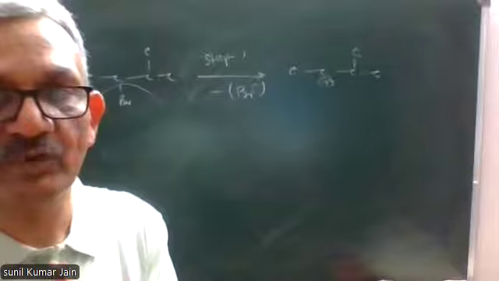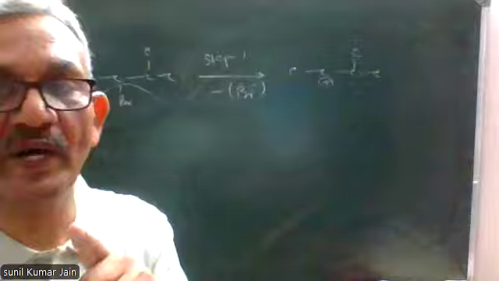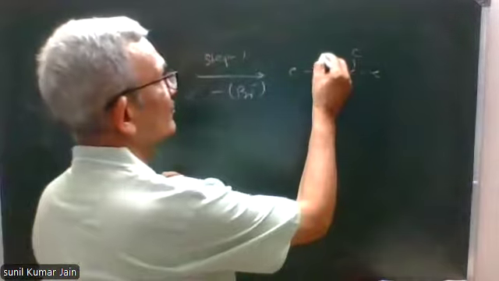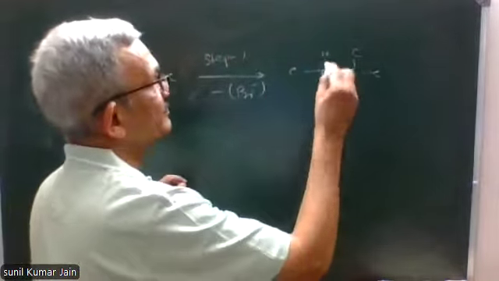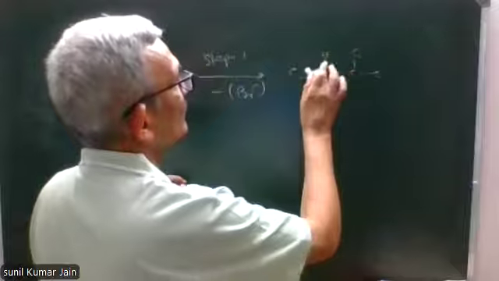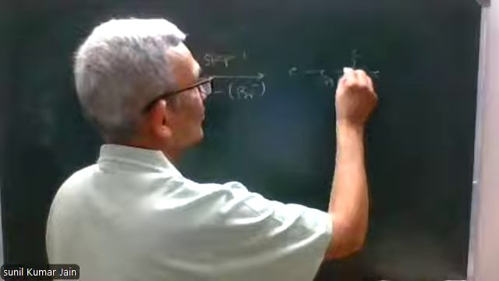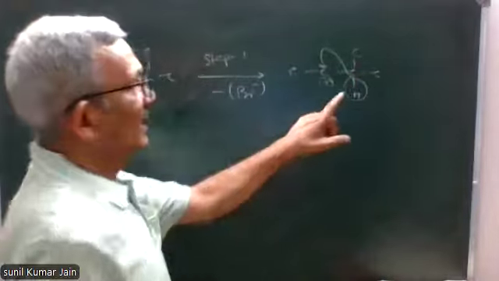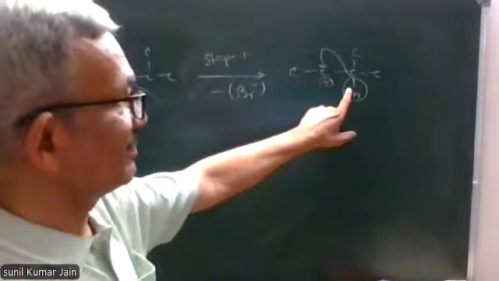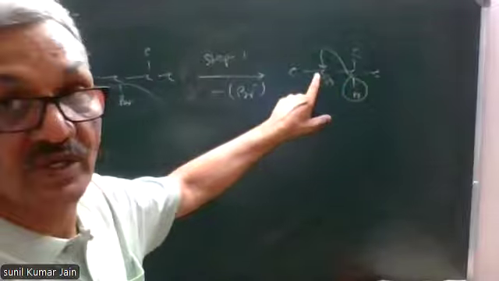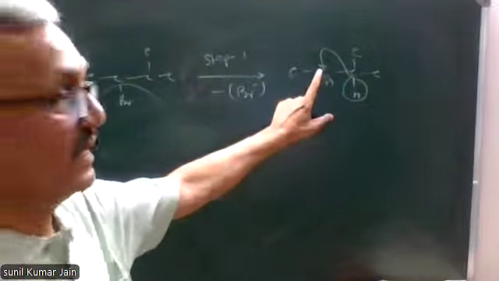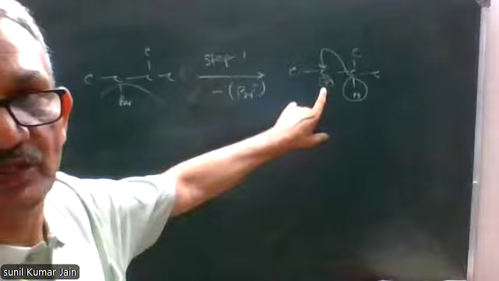Now, this carbonium ion will undergo 1,2 hydride shift. H minus from this carbon atom will shift to this. Now, why will this shifting take place? This is a secondary carbonium ion.